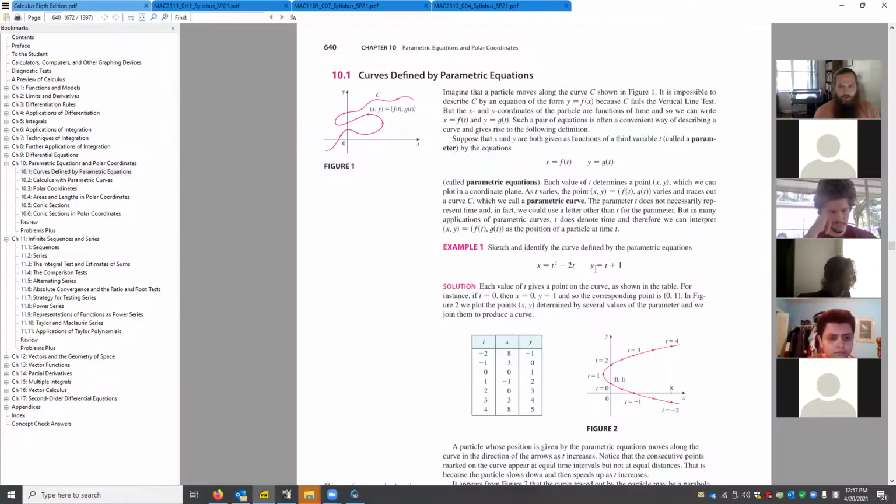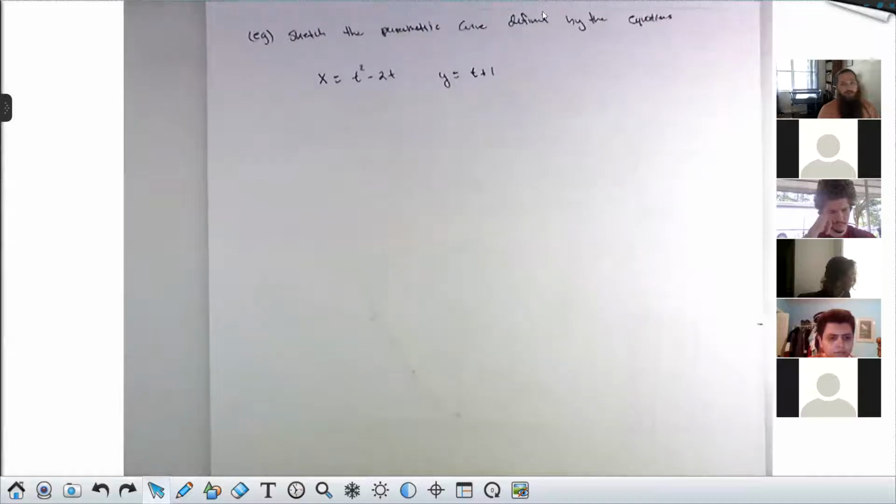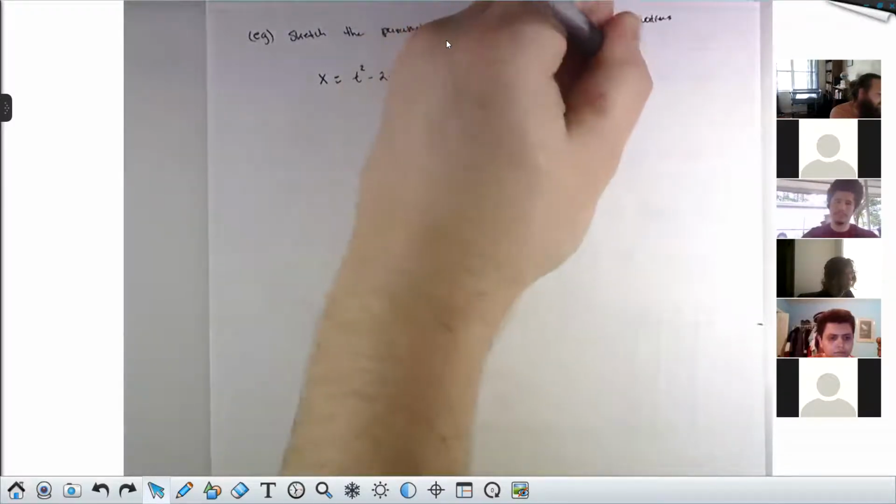Let's see, did they specify a time domain here? They didn't. Sometimes they'll specify a time domain, like I did on the previous example. Sometimes they won't. If there is no time domain specified, like 5 is less than t is less than 20, then you can plug in whatever you want for t. It's implicit that the time domain is negative infinity to infinity, and I'm actually going to write that in here.